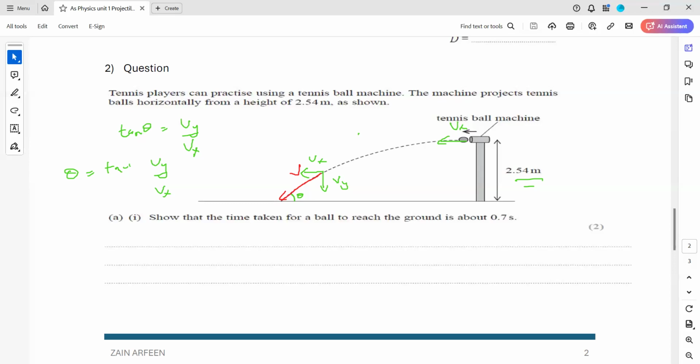Because we are dropping from the same height, so the vertical component remains the same. The only thing that changes is the horizontal component, because the horizontal component depends on the horizontal speed with which we are launching. So if we increase the horizontal speed, what will happen? It will hit the ground with a greater horizontal speed. Vertical speed won't change.